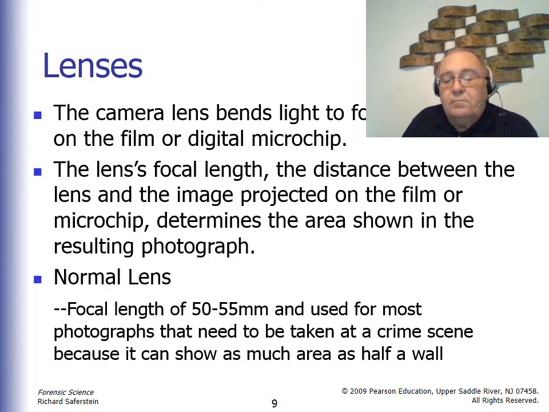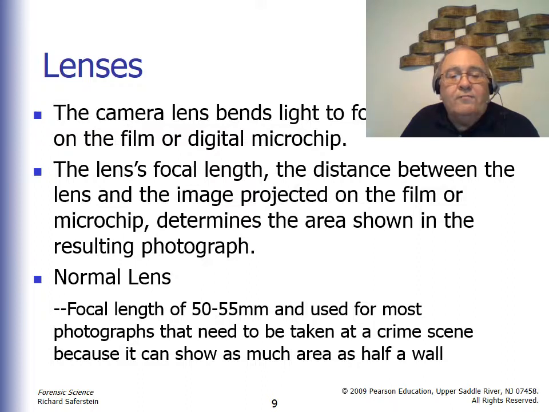The normal lens, for the normal eye, they say that the lens that is most normal is the 50 millimeter lens, and it sees about the same data that your eye perceives when you're looking at things.